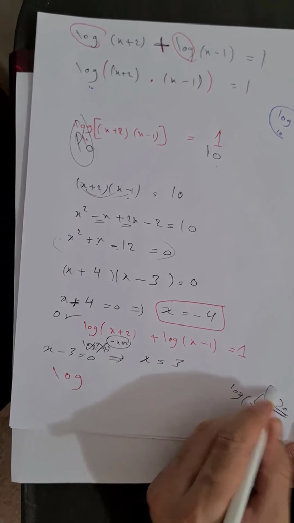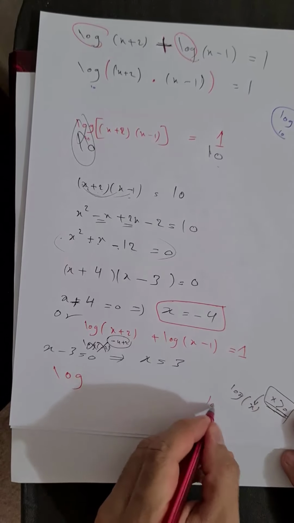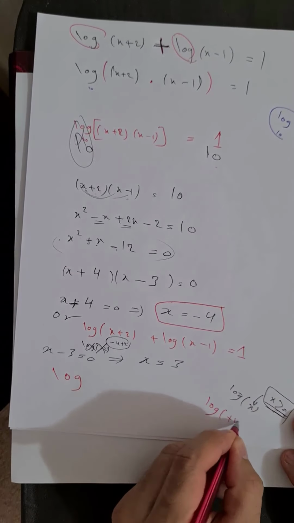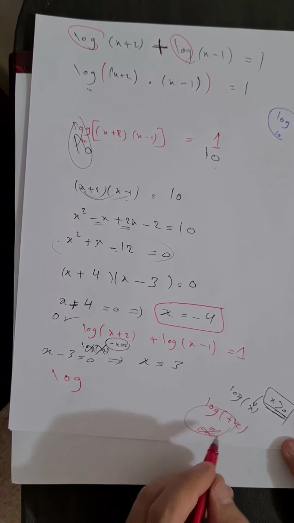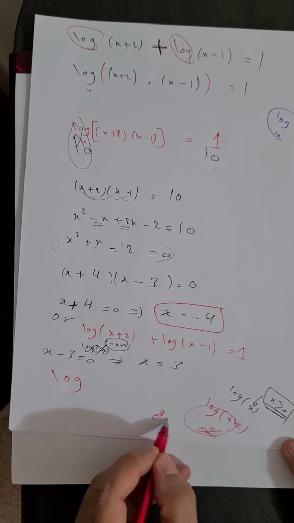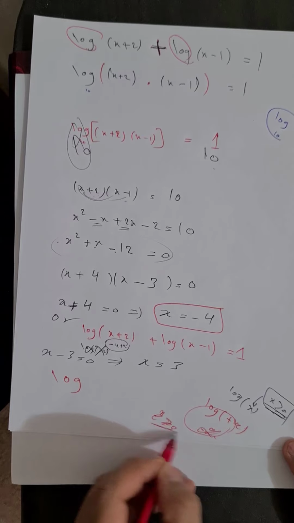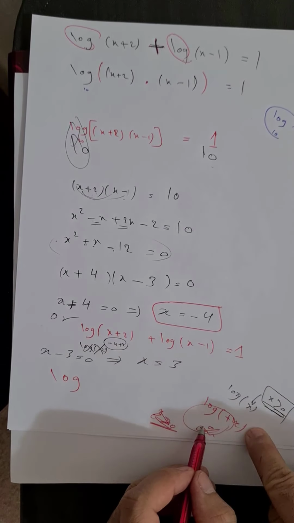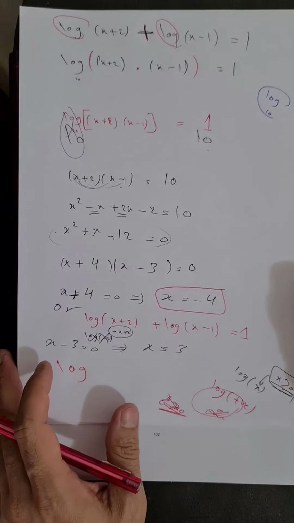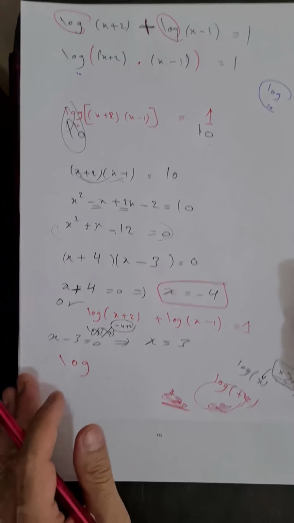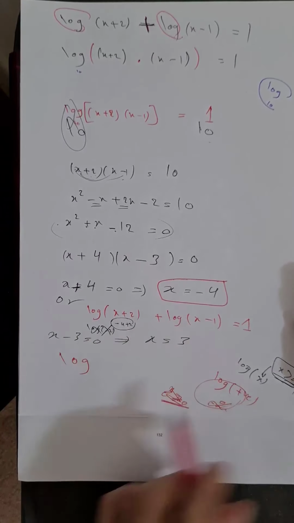Even 0 is not allowed. So for log we accept just positive values, no 0, no negative. Okay, dear. As we have a note in the exponential that it should be greater than 0, also here we have an important note. You should be careful and notice this in your lecture note.